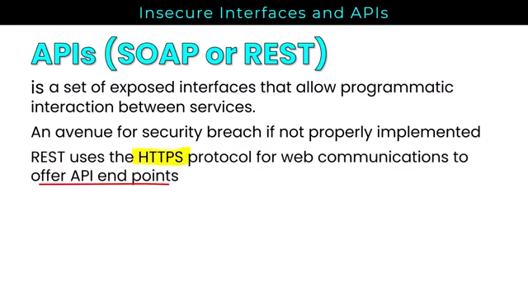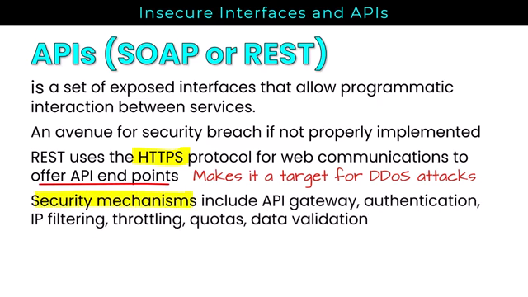So REST uses the HTTPS protocol for web communications to offer API endpoints. REST is the standard you're going to see most commonly today. But that API endpoint in HTTPS makes it a target for distributed denial of service attacks.